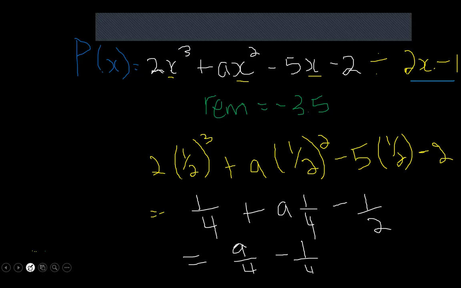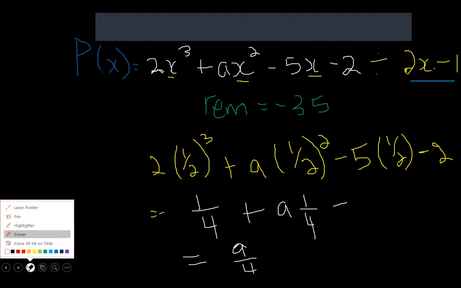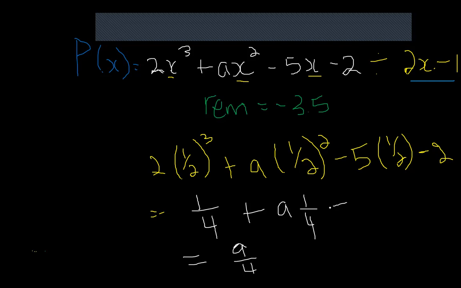Wait, hold on. It wasn't plus, it was minus. That's minus 9 on 2. Okay. You put this whole thing into a calculator? No, I did it piece by piece. So I did the 2.5 cubed, wrote down that answer, and then I did the other part.